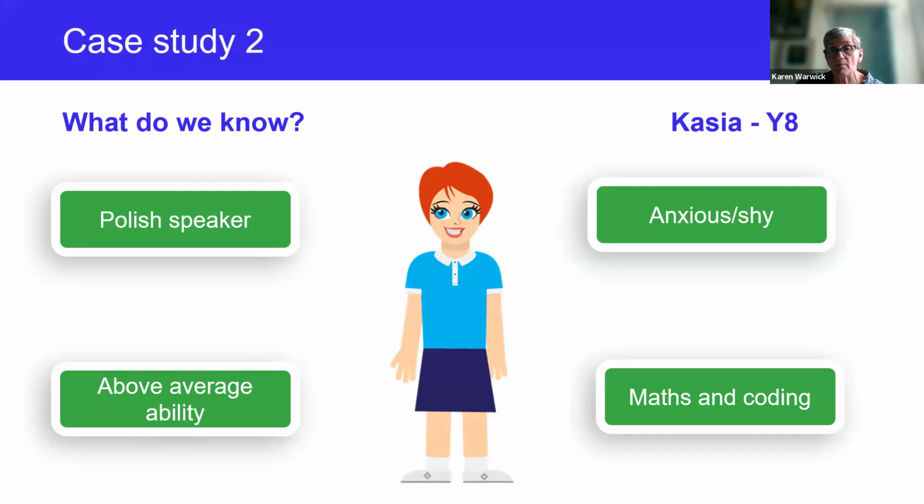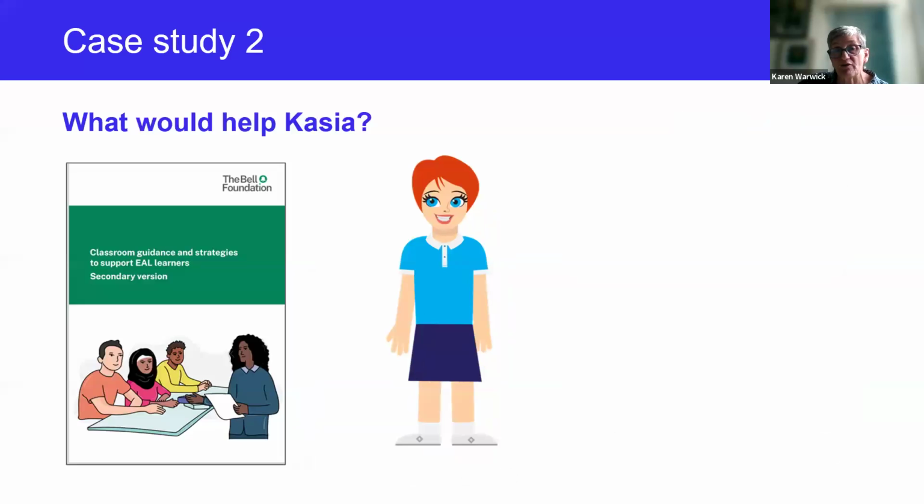And according to her mum, until she arrived in the UK she has had a full education in Poland. She has a lot of transferable skills that can be tapped into. So you have to be really careful about what intervention you think that Kasia would need. So let's briefly have a look at that.